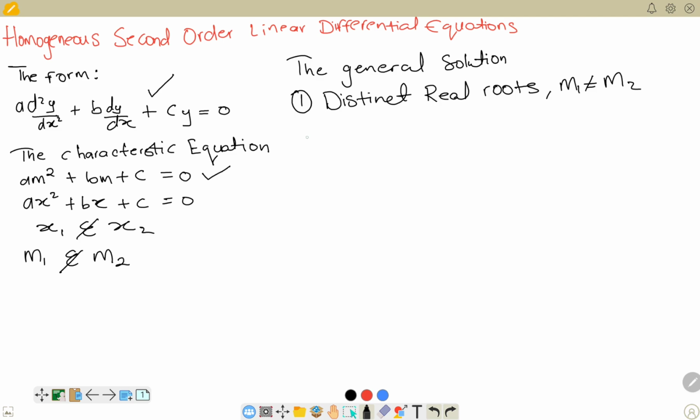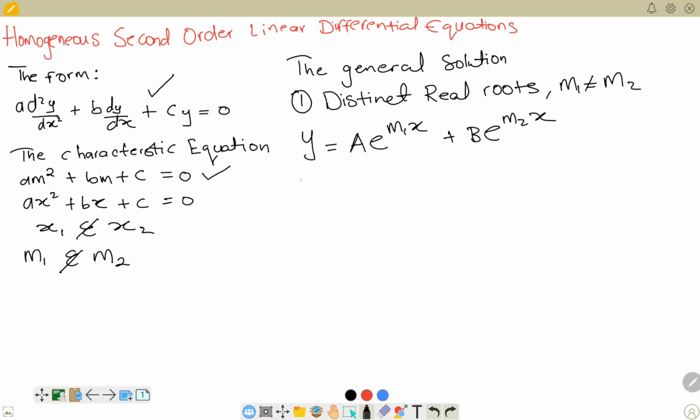Then when you find the general solution, you'll say y equals a e to the power m1x plus b e to the power m2x. So this is the general solution in the case where m1 is not equal to m2.